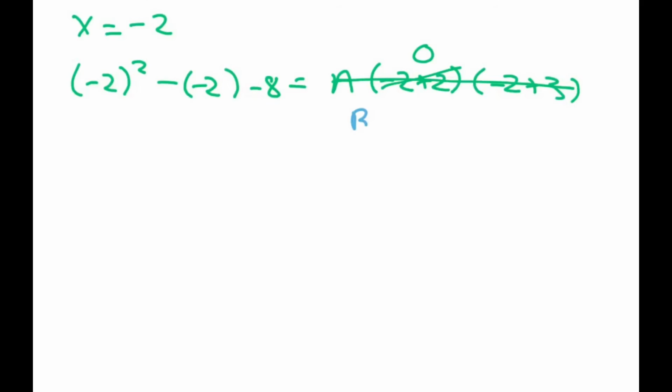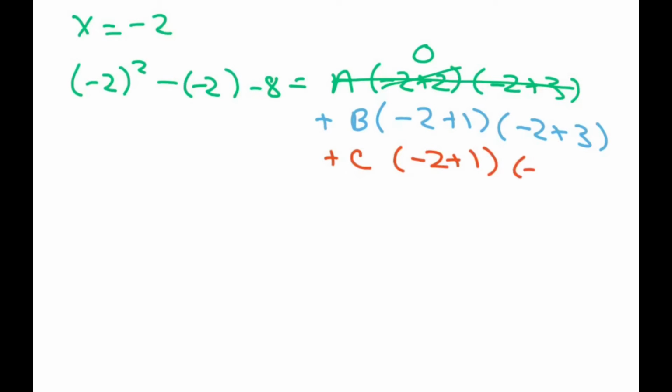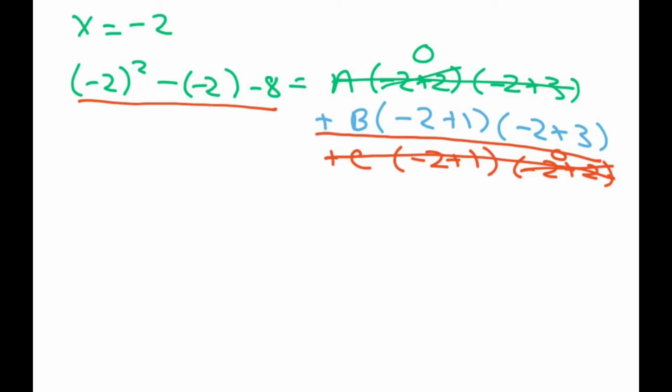And then when you do the b, though, you're going to get negative 2 plus 1 times negative 2 plus 3. And then when you do your c, that's going to 0 out because you have negative 2 plus 1. However, here you have negative 2 plus 2. That's 0. So 0 times anything is 0. That zeroes out.